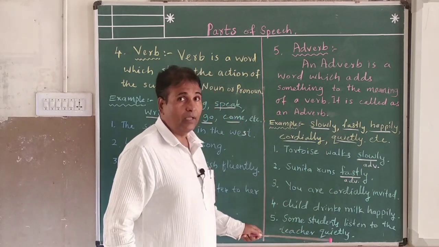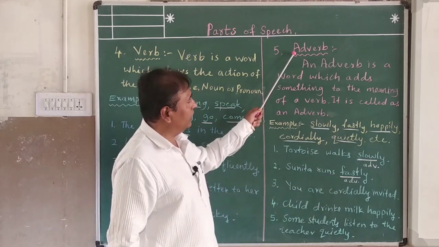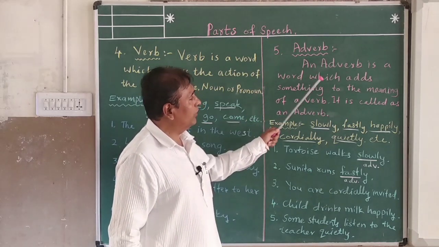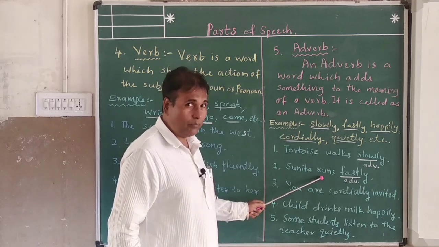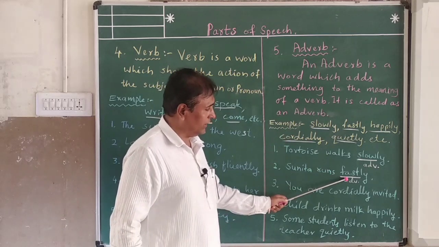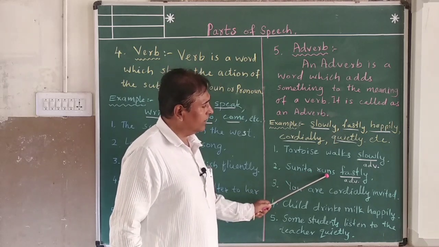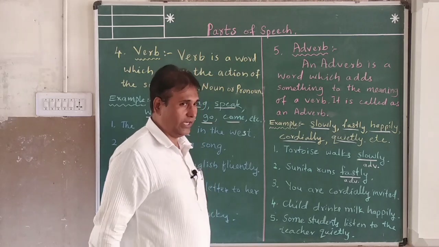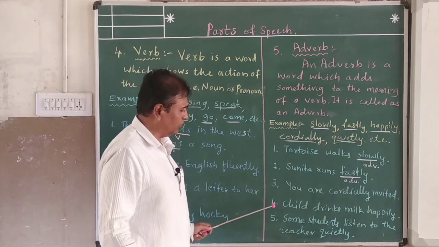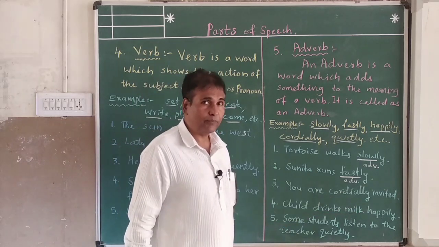Just to remember what the adverb is. An adverb adds something to the meaning of a word, and this word is talking about that word. So Sunita runs fastly. This you are to remember, my dear students.